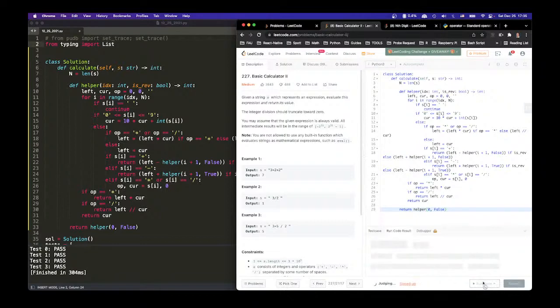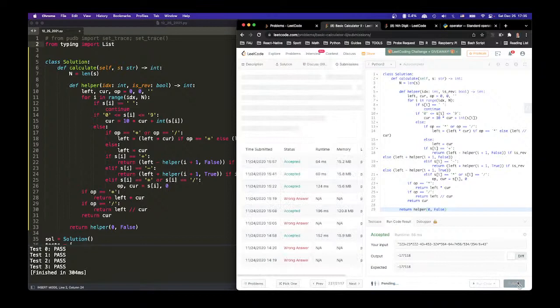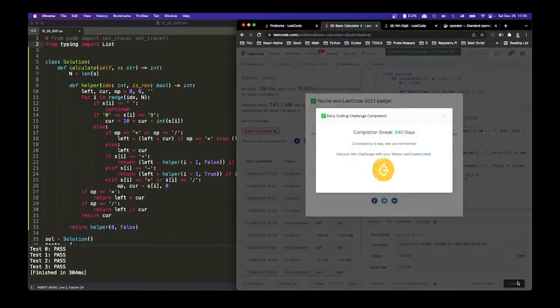Let's kind of see if it works. Yep, I think it does. Let's go. See how fast it goes. 136. That's pretty bad.